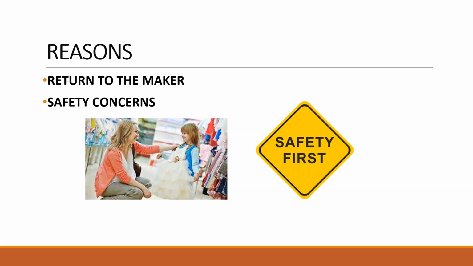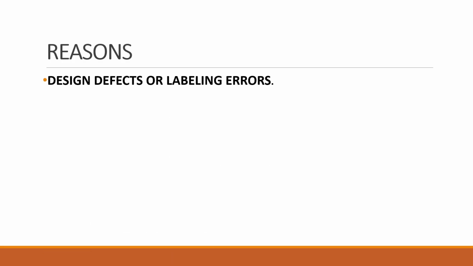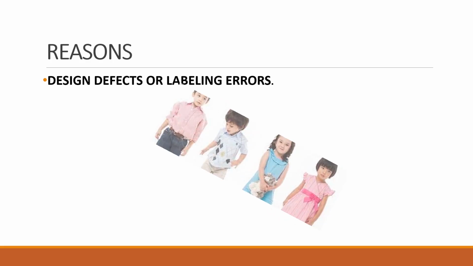in children's garments, because a lot of accidents and health hazards can happen due to faulty designs of the garment. Reasons are also there, like I was telling, design defects, or labeling errors. Such events also cause problems in children's garments, and a product recall may happen due to that.